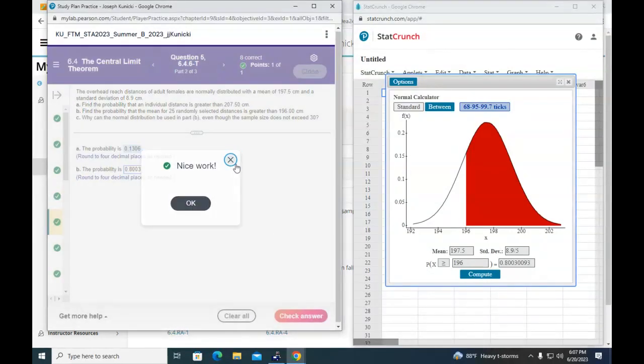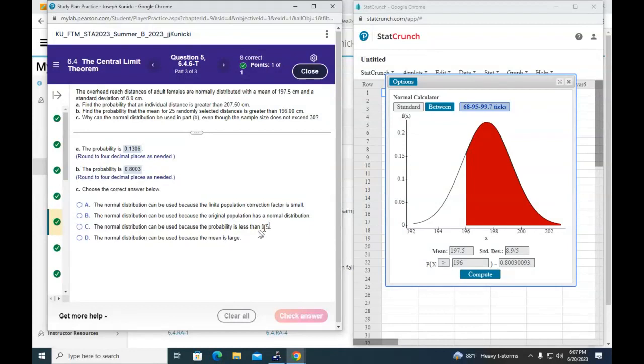Right, so you see what I had to do there. I had to change the standard deviation to the standard error. I had to divide by the square root of n. Since n was a perfect square, I could just put the number 5 in there. It's pretty simple to do. And the normal distribution can be used because the population is normally distributed. The original population is normal.